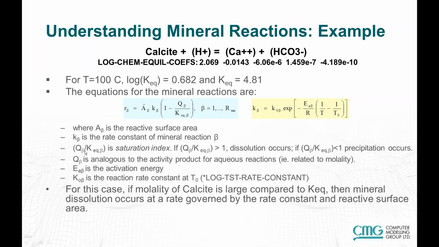Now that ratio of Q over K_eq, we call that the saturation index. So if that ratio is greater than 1, then dissolution occurs. If it's less than 1, then precipitation occurs. So for this case, if the molality of calcite is large compared to K_eq, then mineral dissolution occurs, but it occurs at a rate governed by the rate constant and the reactive surface area.